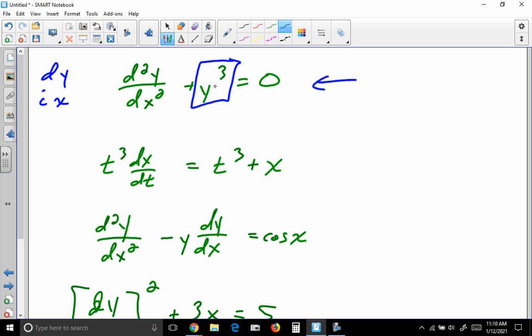So if we have a dependent variable to any power other than 1, then this is nonlinear. Just like in y equals x cubed, that's nonlinear because we have something to the third power. Same idea here.